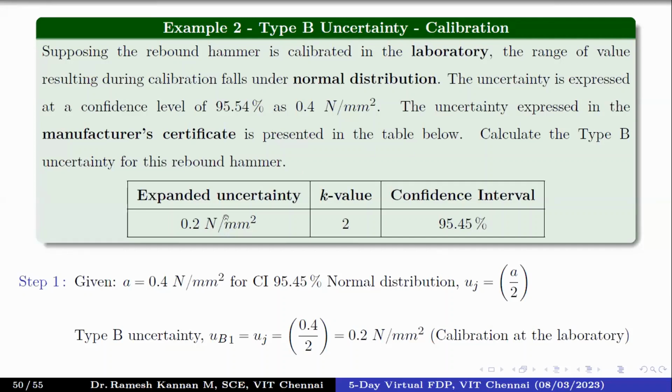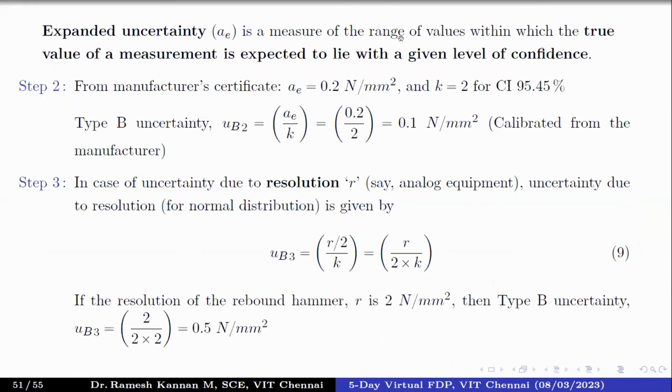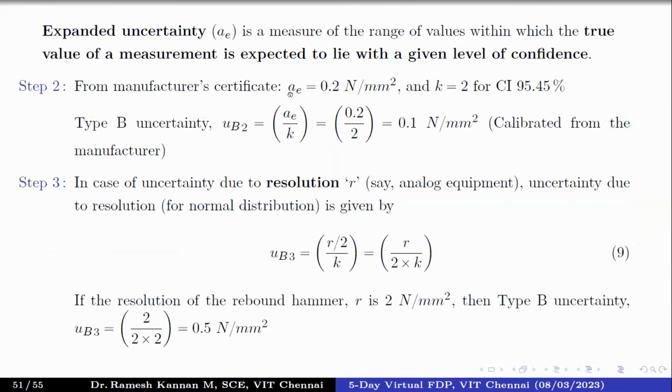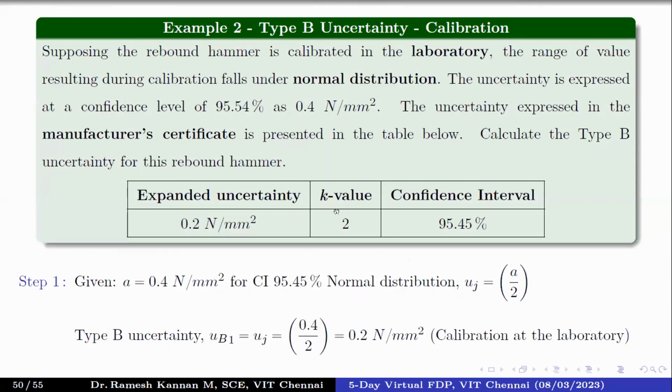But let's take a look at the manufacturer's side. Manufacturer is very simple because they will give you expanded uncertainty. Expanded uncertainty is the range of values they get when testing with the reference sample in the laboratory, and they lie between a certain range, and that range is what we call 0.2 Newton per millimeter square. So the rebound hammer from the manufacturer gives me only 0.2, and the K value they specify, this K value we'll get from the manufacturer certificate.